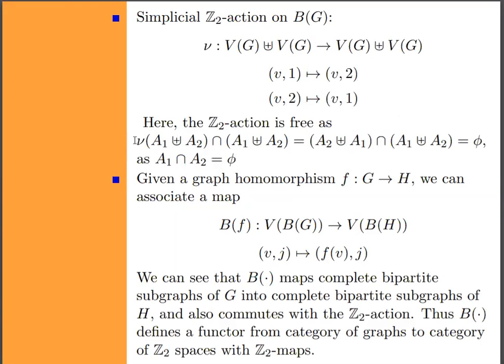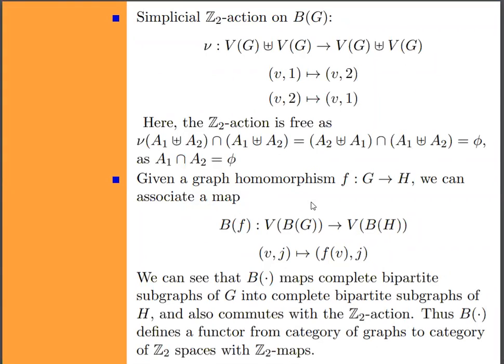But for any simplex, this intersection is empty, because nu of A1 union A2 intersected with A1 union A2 is empty, since A1 intersection A2 is equal to the empty set.